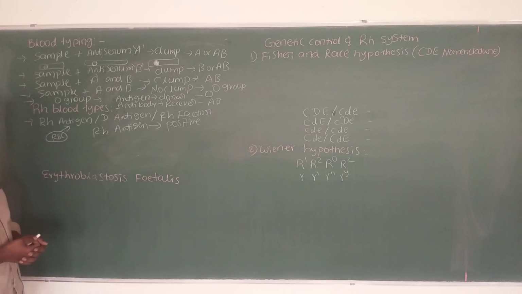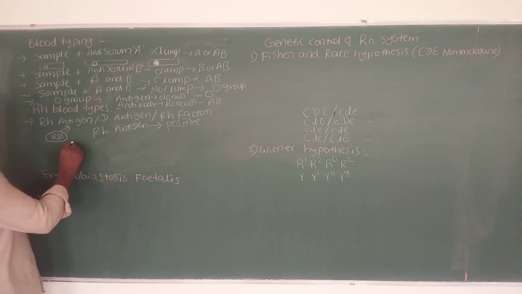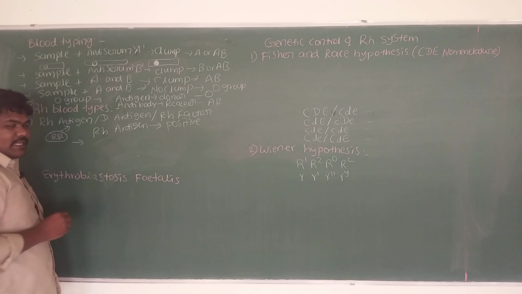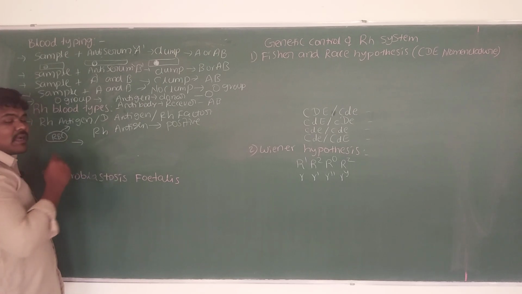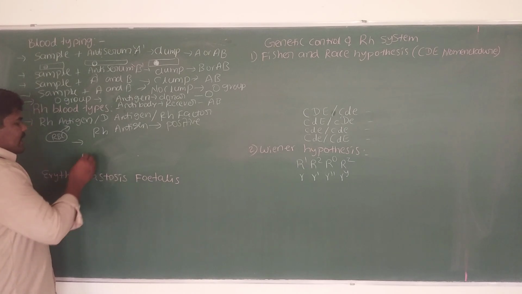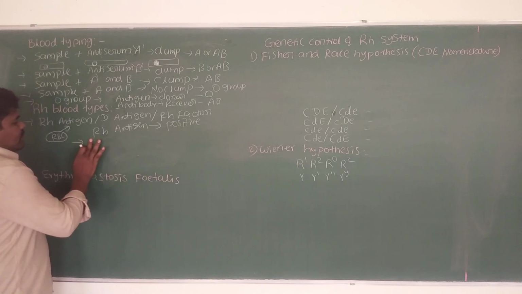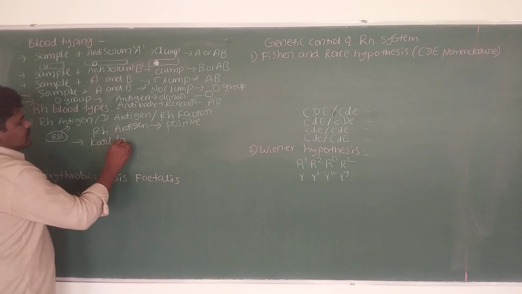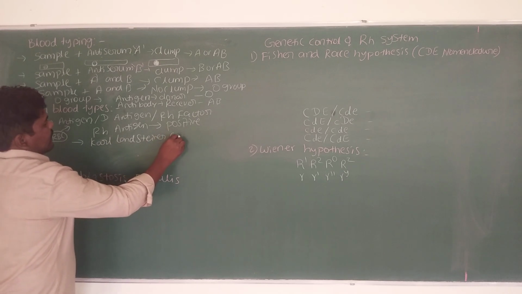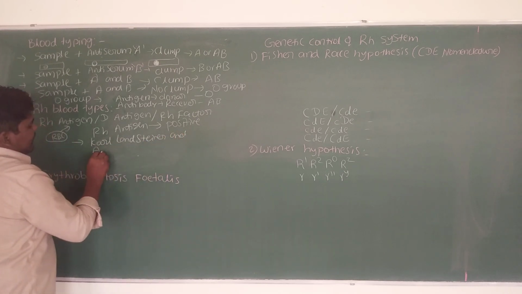Who identified this Rh factor? Why is it called the Rh factor? The Rh factor or Rh antigen was first identified in the rhesus monkey, hence it is called the Rh factor. Who identified it? Alexander Wiener and Karl Landsteiner.